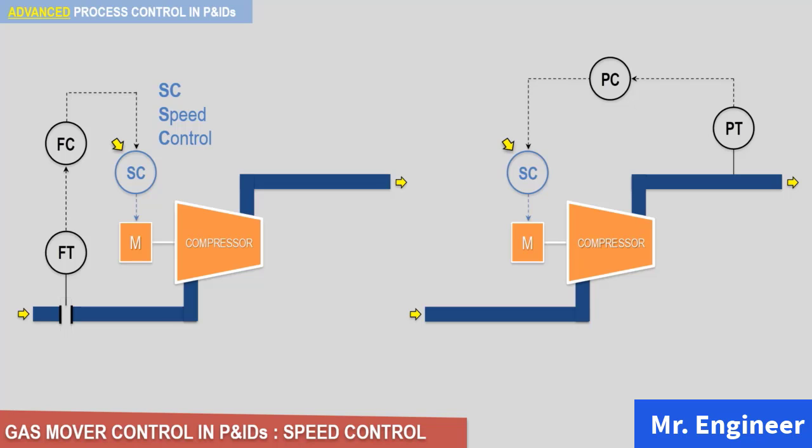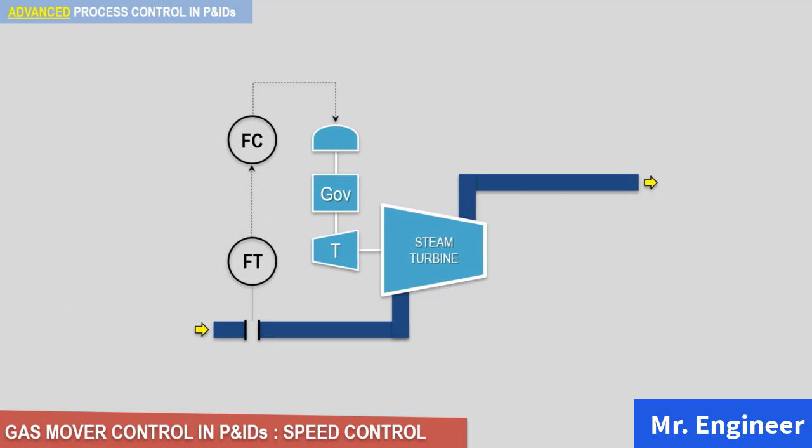Some other companies use the acronym VFD or VSD. Recall, VFD means variable frequency drive and VSD means variable speed drive. This next PNID example shows the same VSD control on a steam turbine driven gas mover. Here, the device that works to change the speed of turbine shaft is a governor.